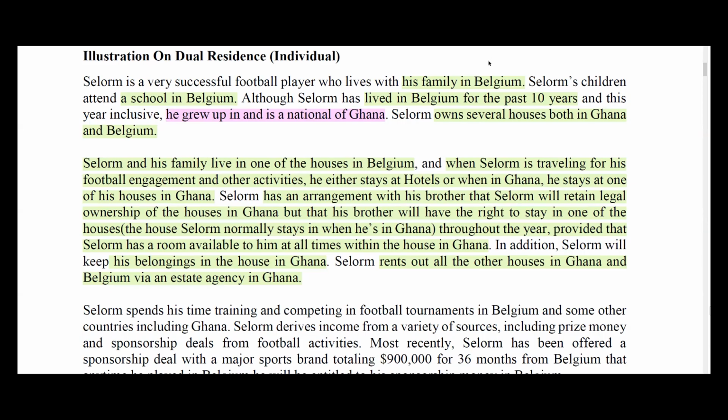Yes. So that means he's a resident of Ghana and therefore he'll be taxed on worldwide income in Ghana. All the income that he'll make will be taxed fully in Ghana. That means Belgium now will consider income tax in Belgium at source, because now we have broken the tie. The tax authorities have decided that Selom should be taxed in Ghana as a resident.